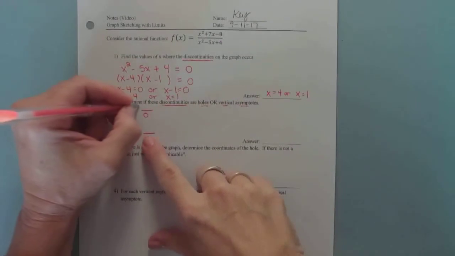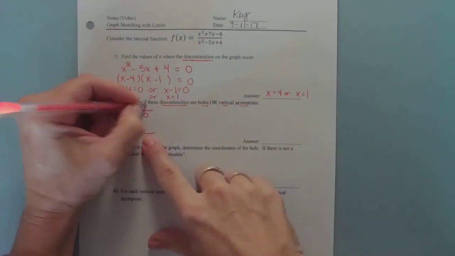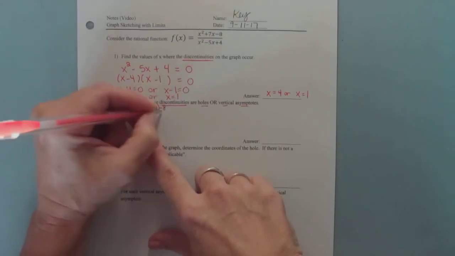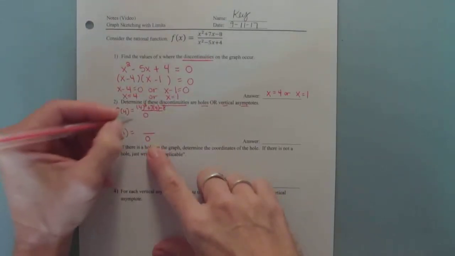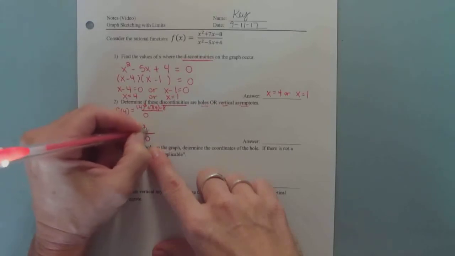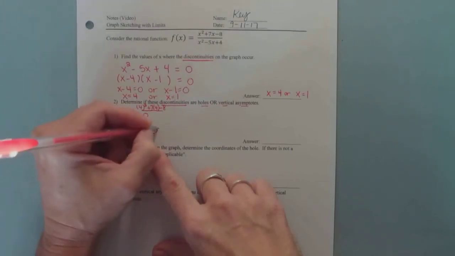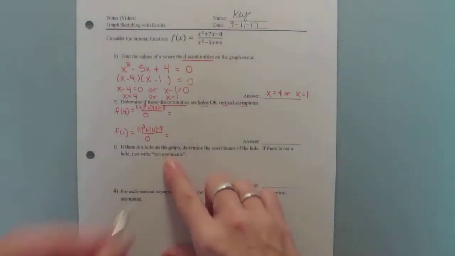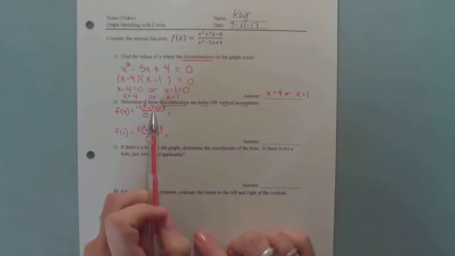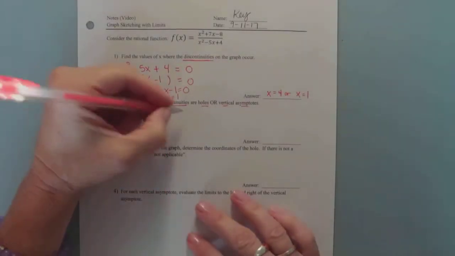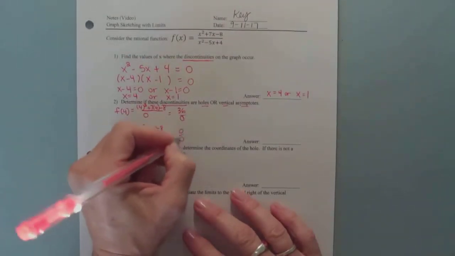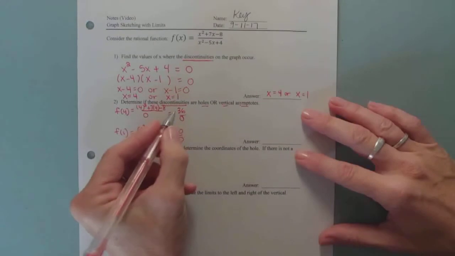For f of 4, I'm going to have 4 squared plus 7 times 4 minus 8, and for f of 1, I'm going to have 1 squared plus 7 times 1 minus 8. On the top here, we have 16 plus 28 minus 8, which is 36 over 0. And with f of 1, we have 8 minus 8, 0 over 0.